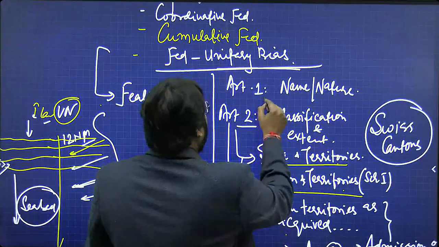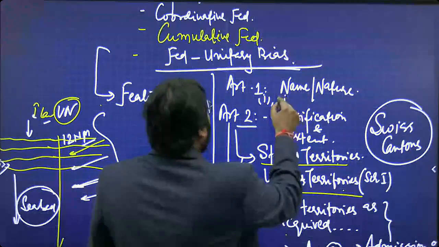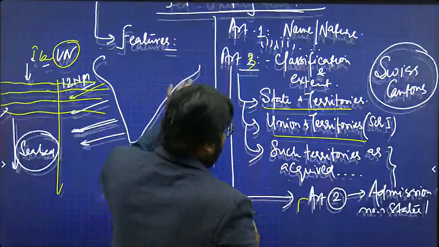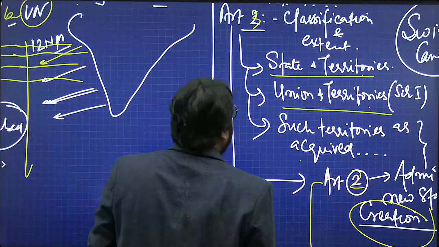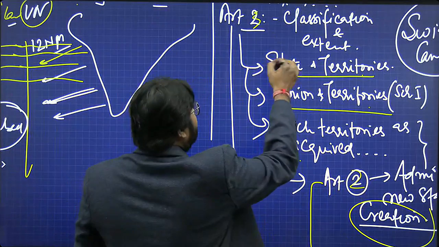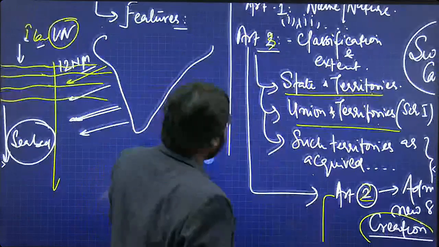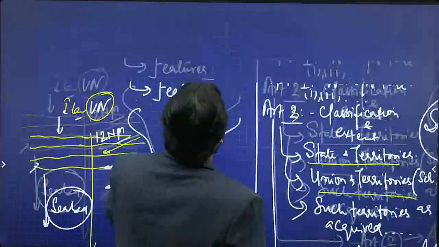ये क्या है वन, इसको यहाँ लिख दो. आर्टिकल 2, दिस इज 1, 1 2 3. One का 1, 2, 3. Okay, let us see this one.